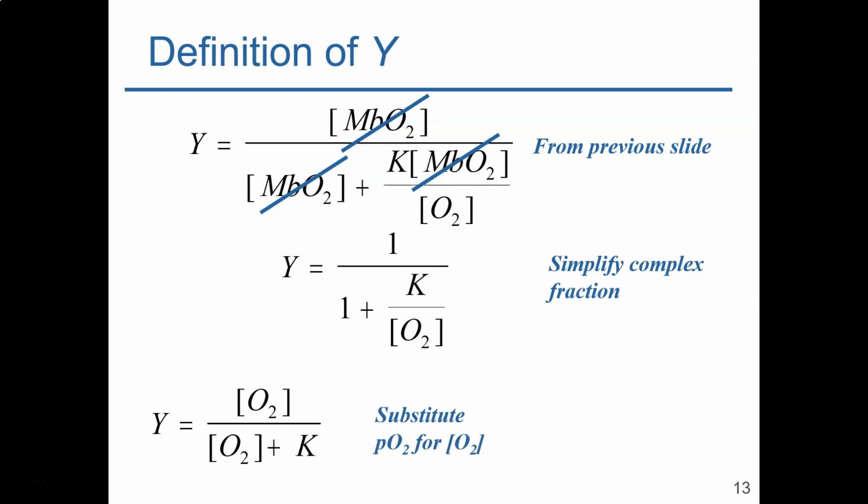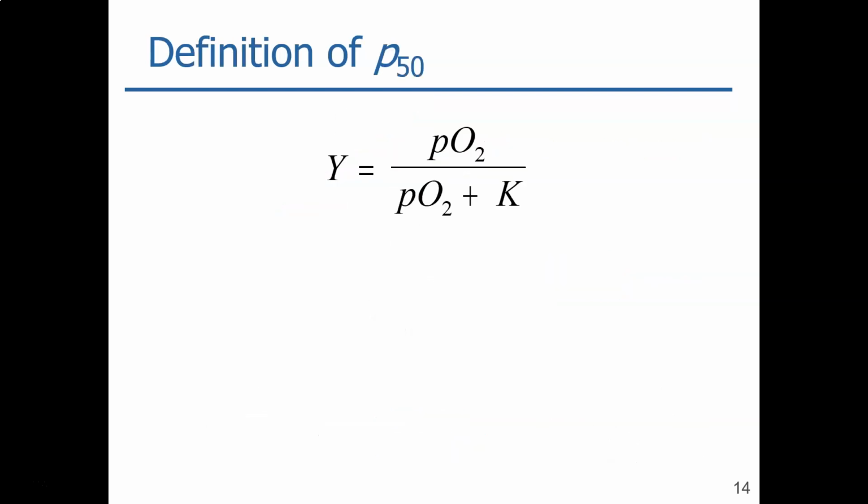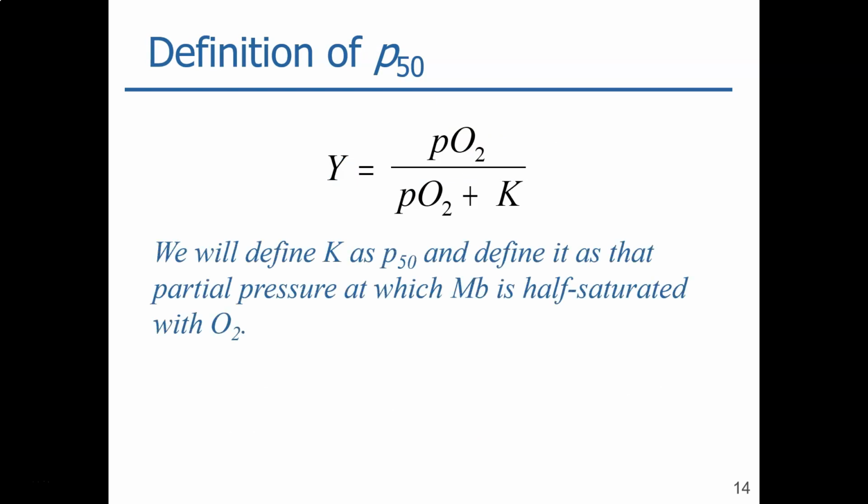We don't typically measure the concentration of gases as moles per liter. We could, but usually we use partial pressure. PO2 is partial pressure, and we usually use torr or maybe millimeters of mercury. So I'm going to substitute PO2 for molar concentration. I'm going to make one more substitution.